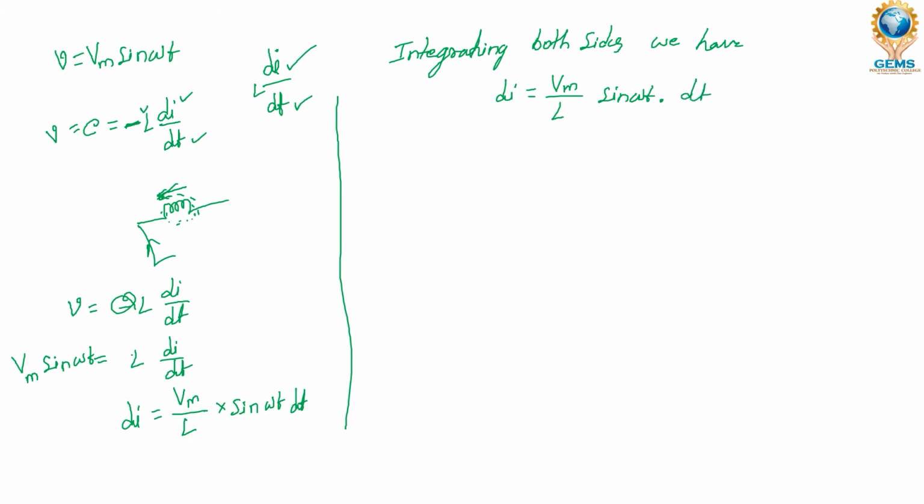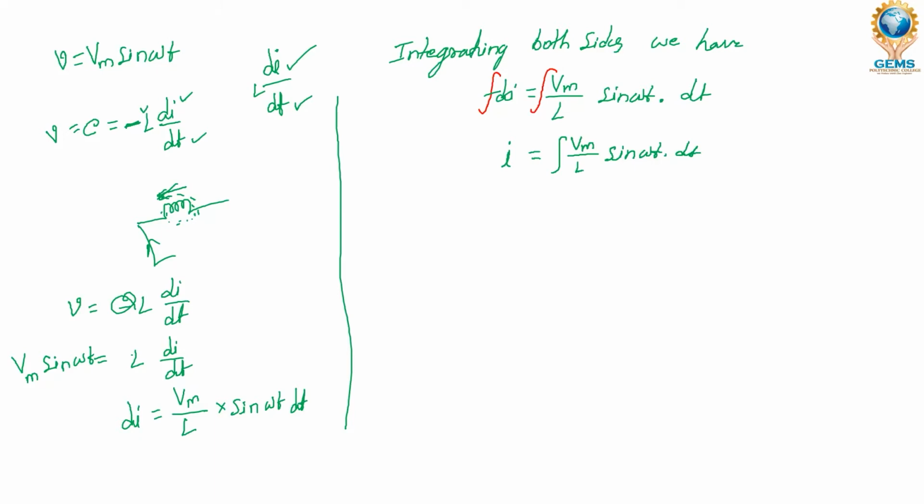If we integrate this, we get I equals integral Vm by L sin omega t into dt.